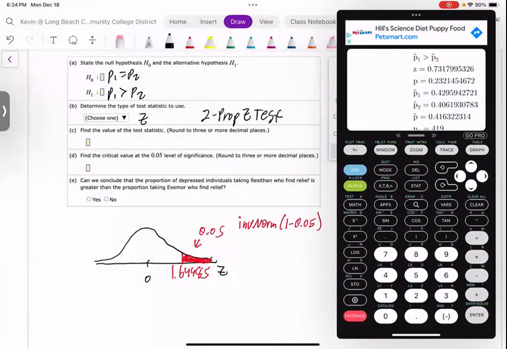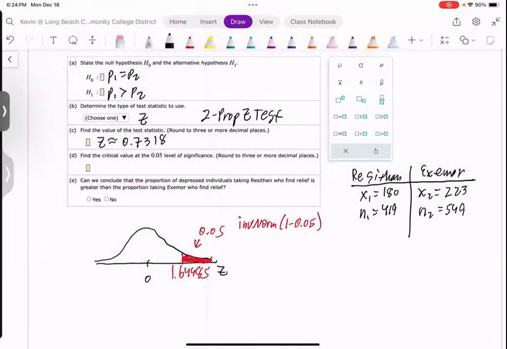So let's get our test statistic. z is about 0.7318. And you can see our p-value is quite large, 0.232, which is definitely bigger than our alpha. But this one, they're using the critical value, which is about 1.64485.